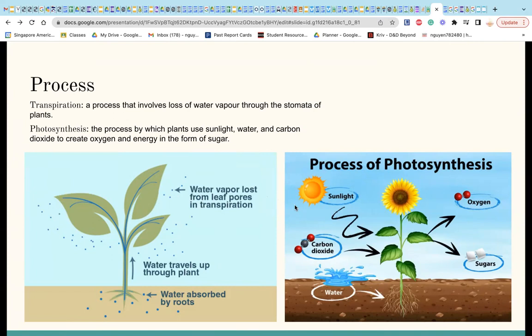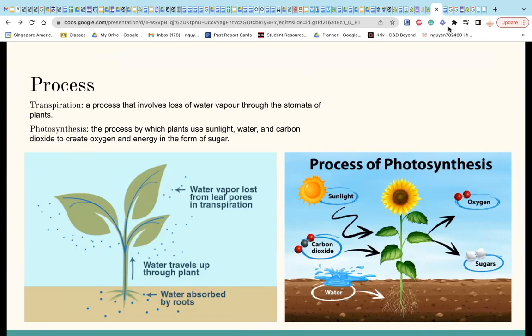That's why during the winter the leaves either fall off, or pine trees have very thin needles so they don't lose as much water, because most of the water the plant gains is lost in transpiration.